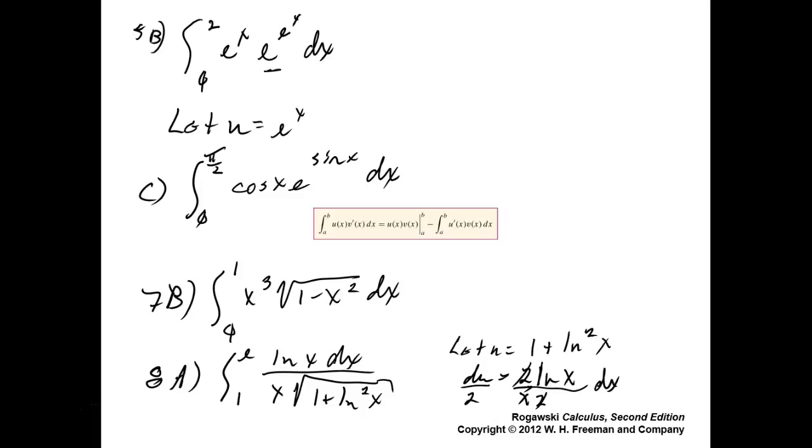So when x is 1, that's 1 plus, what is the log of 1? 1. No, log of 1 is 0. ln of 1 is 0. Okay. So 0 squared is 0, so that would be going from 1 to, and when x is e, what's the log of e?